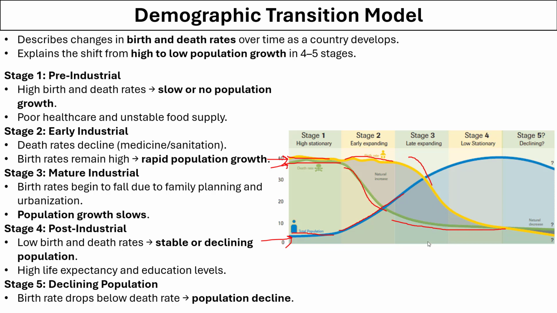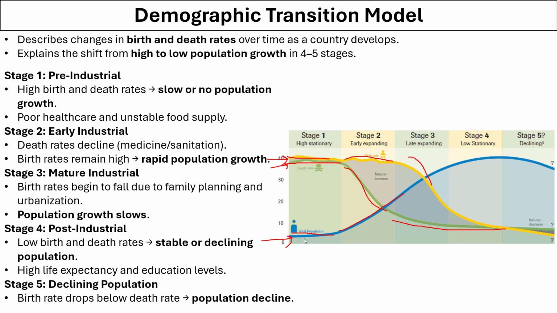So death rate became low because of good medication available and good food resources available, but birth rate also started declining because family planning or urbanization led people to take a decision of not having huge families, and that kind of declined the birth rate. Nowadays people are even choosing to not have any children at all.